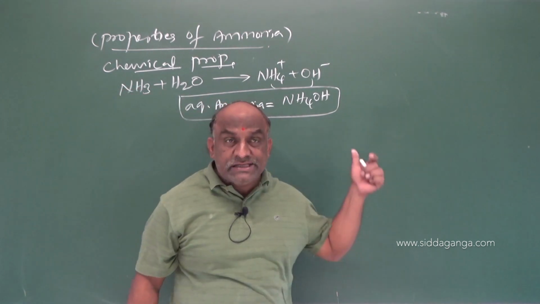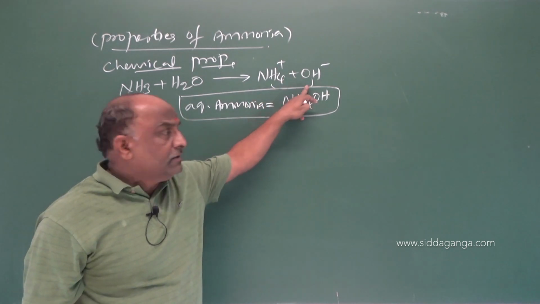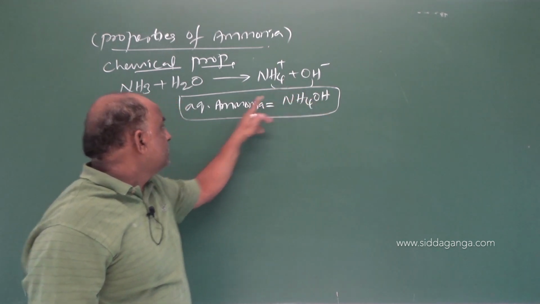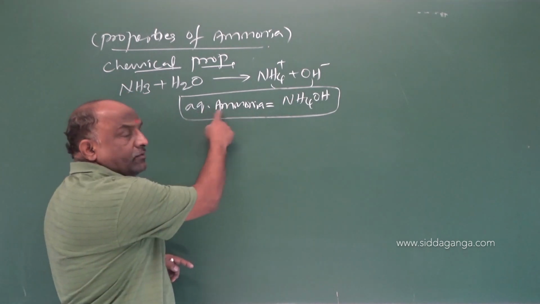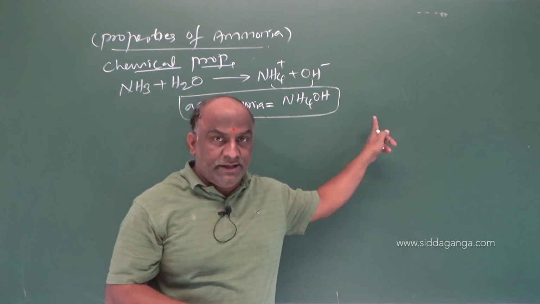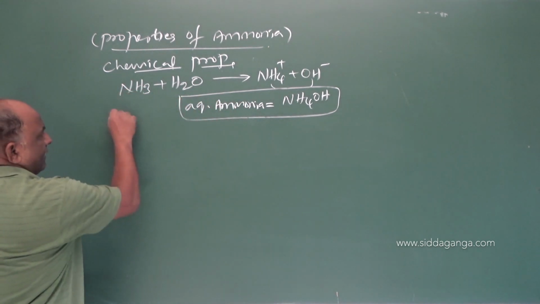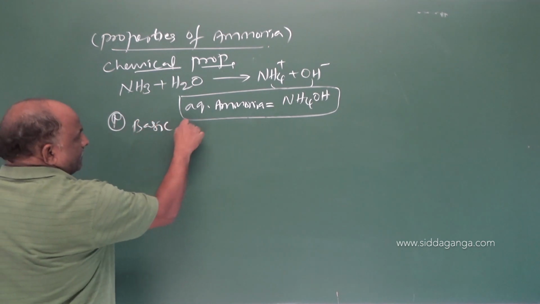Due to this evidence, it is a weak base, ammonium hydroxide. This ammonium hydroxide is called aqueous ammonia. Aqueous ammonia is also known as ammonium hydroxide. Already we know one reaction. So the first is basic nature.